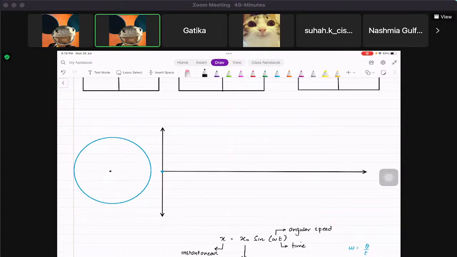I'm starting from this point, so let's call this A. So when I move to basically 90 degrees, which means in a circle, if I go from here till here, I cover 90 degrees, then after 90 degrees I'm going to get a displacement like this. Do you guys understand this? A quarter, right?